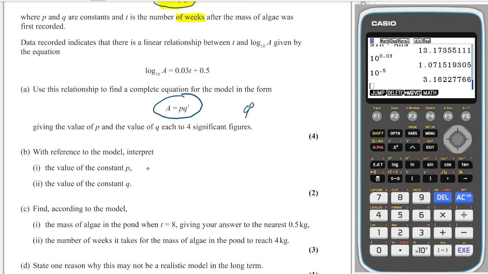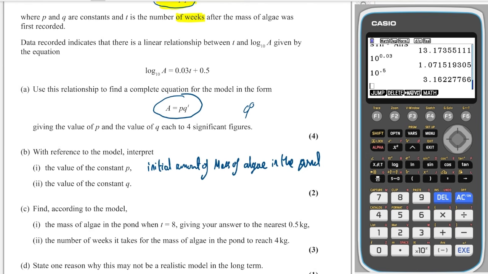So P is the initial amount of mass of algae in the pond. And then Q is what we multiply the initial amount by, and we do that every single week.